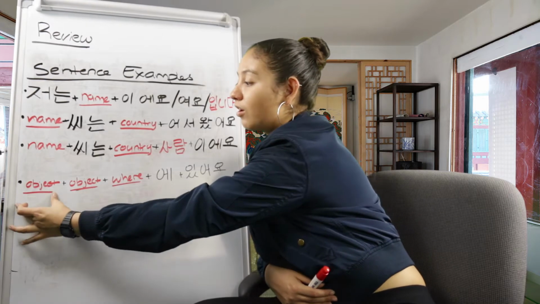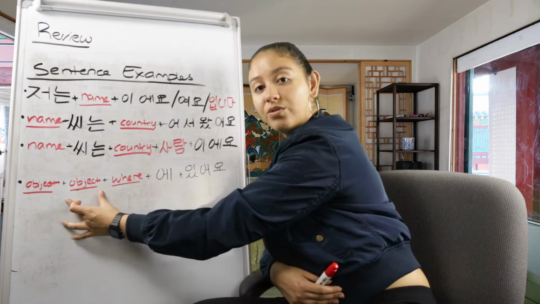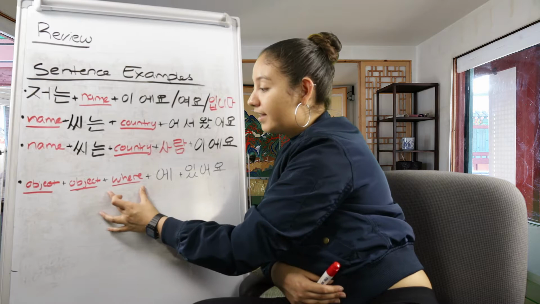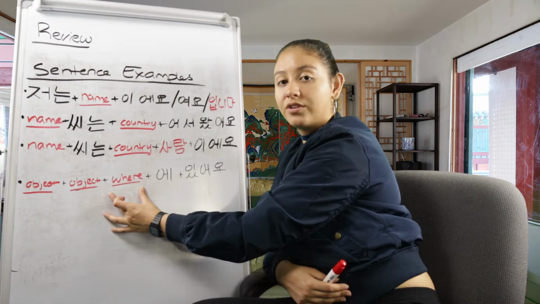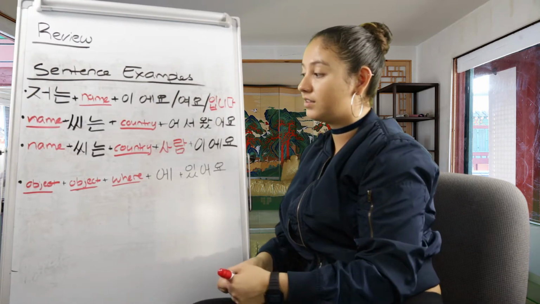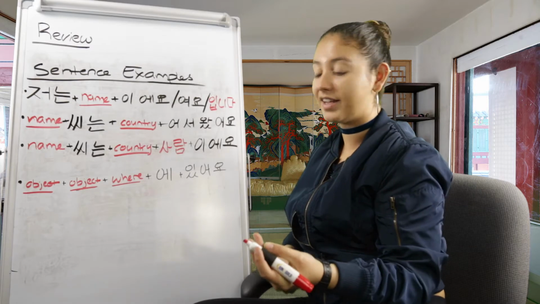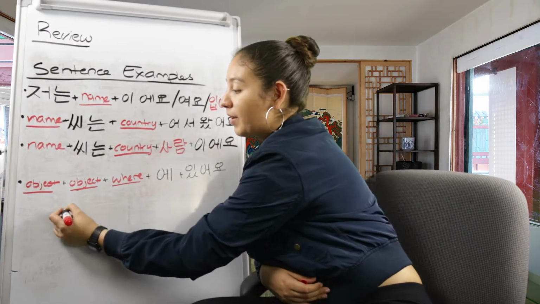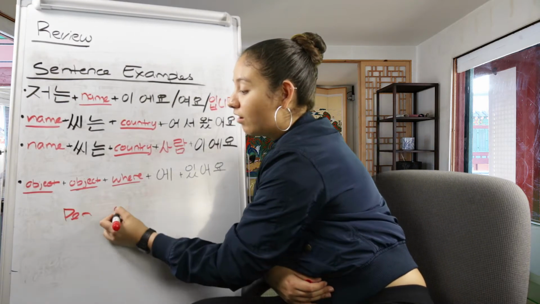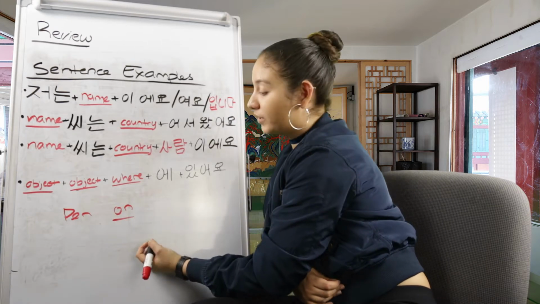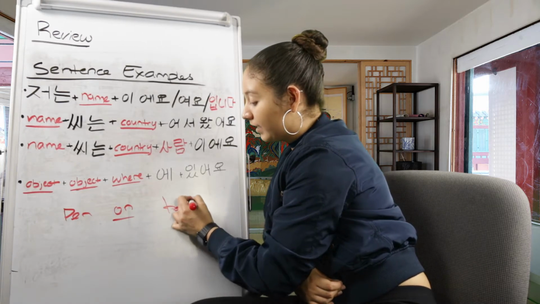So first it will be the car, and then where you think it is, and then lastly you would put where. Usually in an English sentence, let's say the pen is on the table, you would say pen, then on, meaning the location, and then table at the end.